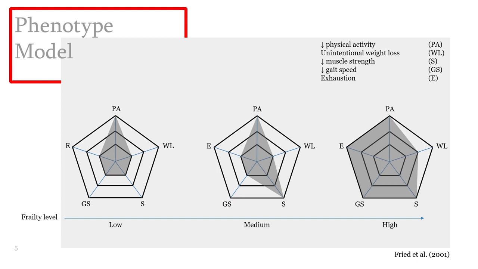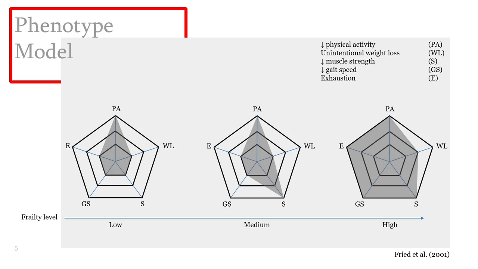Here are 3 pentagons. Each represents a person. Each angle represents one frailty characteristic. They are low physical activity, unintentional weight loss, low grip strength, slow gait speed, and exhaustion. The gray area on each pentagon shows that at least one characteristic has been recognized on that person.